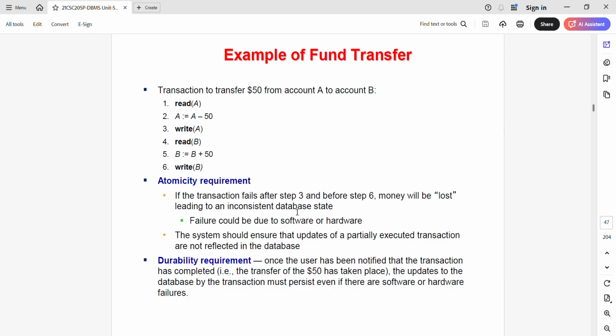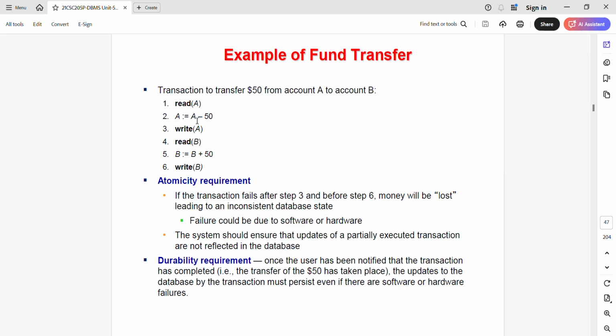As I mentioned in the previous slide, failure may be due to hardware or software. The atomicity requirement is that the system should ensure that updates of a partially executed transaction are not reflected in the database. So here, after step 3, our transaction fails. Whatever the partially executed transaction did should not be reflected in the database.